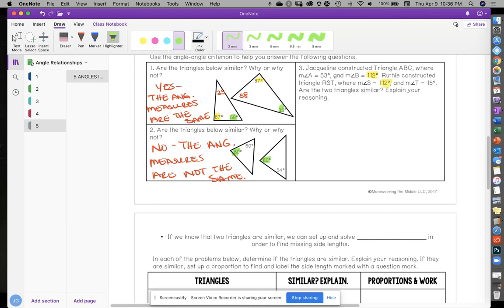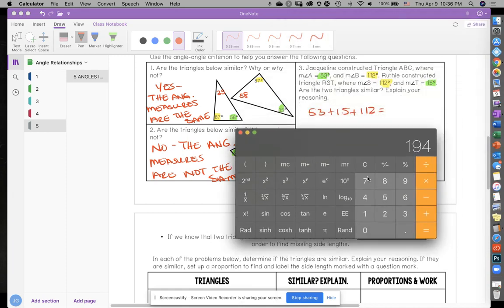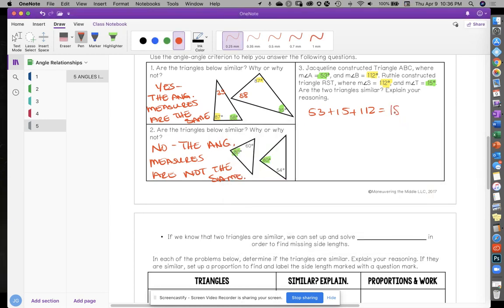So what I'm going to do is add 53, 15, and 112 together to see if it comes out. So 53 plus 15 plus 112. Does that give me 180? Yes, this does equal 180, so we're going to say yes.